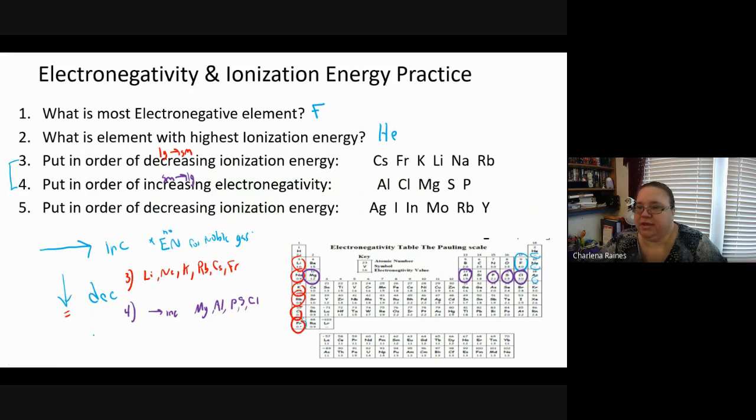All right, give 5 a try. I'm running out of colors. I guess I'm going to use green. Silver, iodine, indium, molybdenum, rubidium, and yttrium.